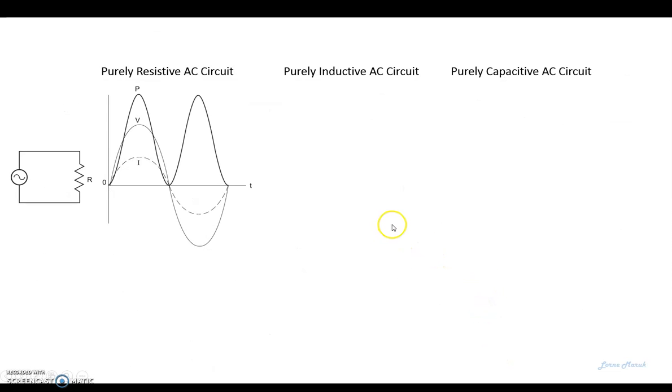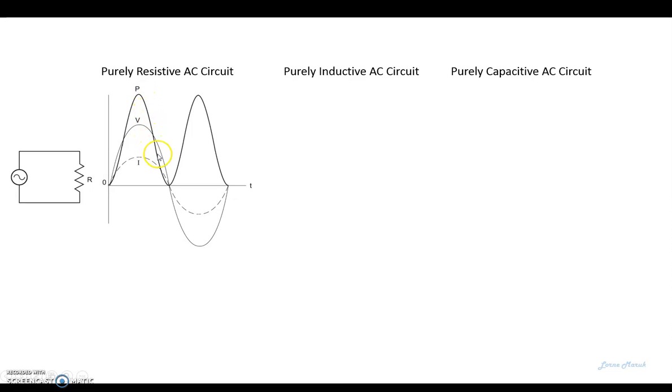In a purely resistive circuit, this would be the same for DC, but in this AC circuit, we can see that when our voltage peaks in AC, so does our current. So they are in phase. Also, our power peaks at the same time.